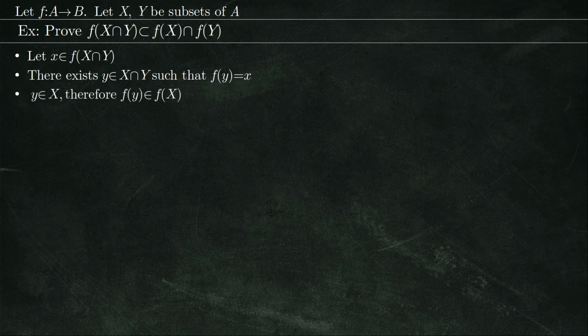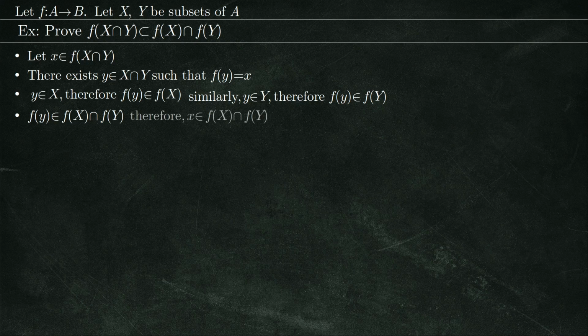Since y is in X, therefore f of y is in f of X. And similarly, little y is in big Y, and therefore f of little y is in the image of big Y. Therefore, f of y is in f of X intersect f of Y, and therefore x is in f of X intersect f of Y, because remember, f of y equals x.